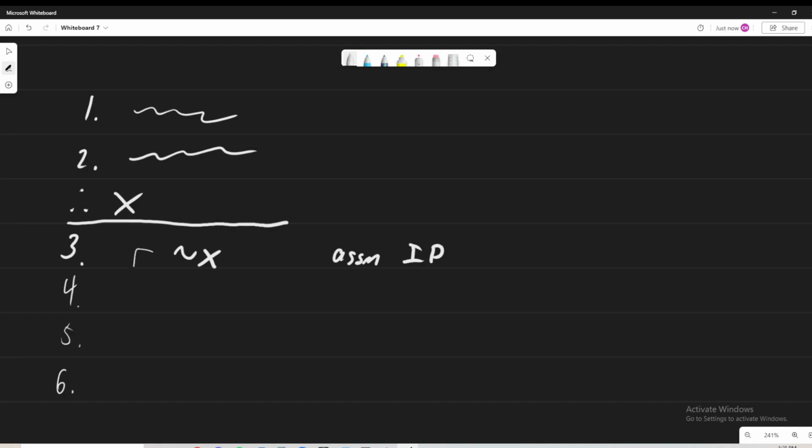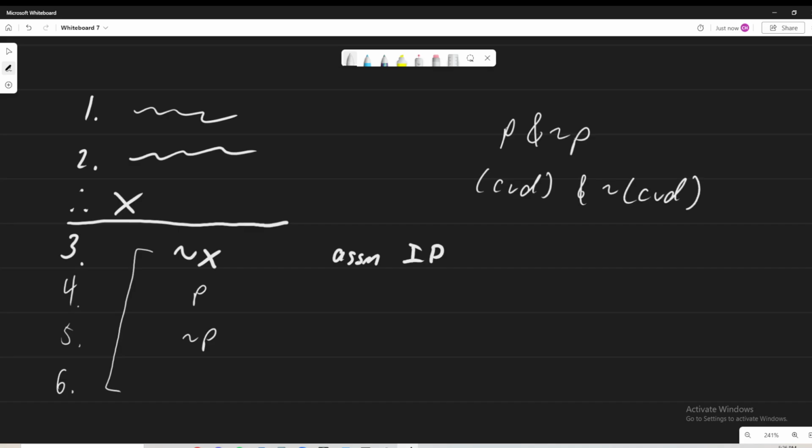But eventually, as you're working through indirect proof, you'll find two contradictory terms, that is, some term and its opposite. A contradiction is something like P and not P. If you're using complex propositions, you may run into something like not C or D and C or D. That's also a contradiction because you have a positive term and the opposite of that term.